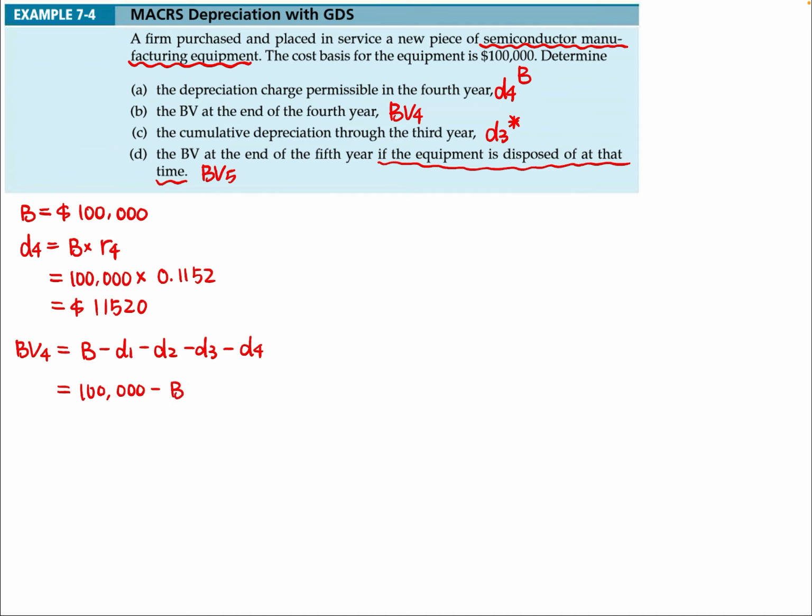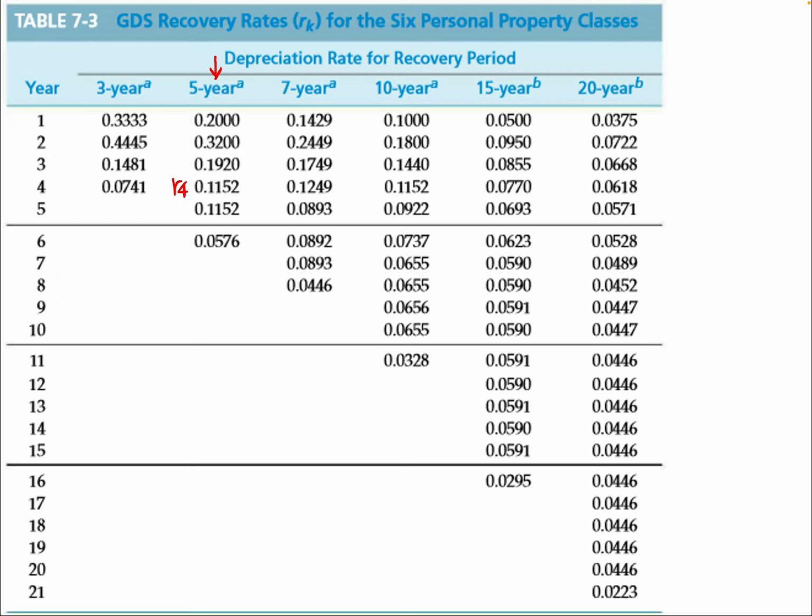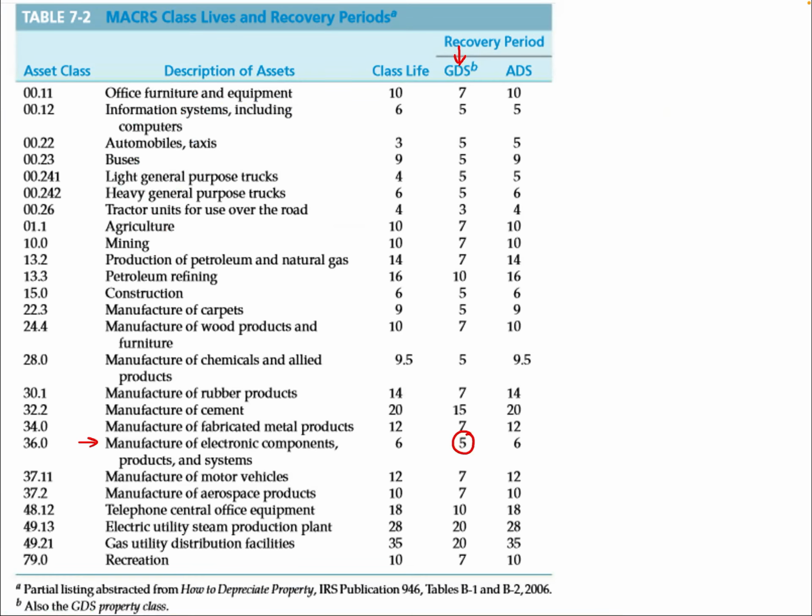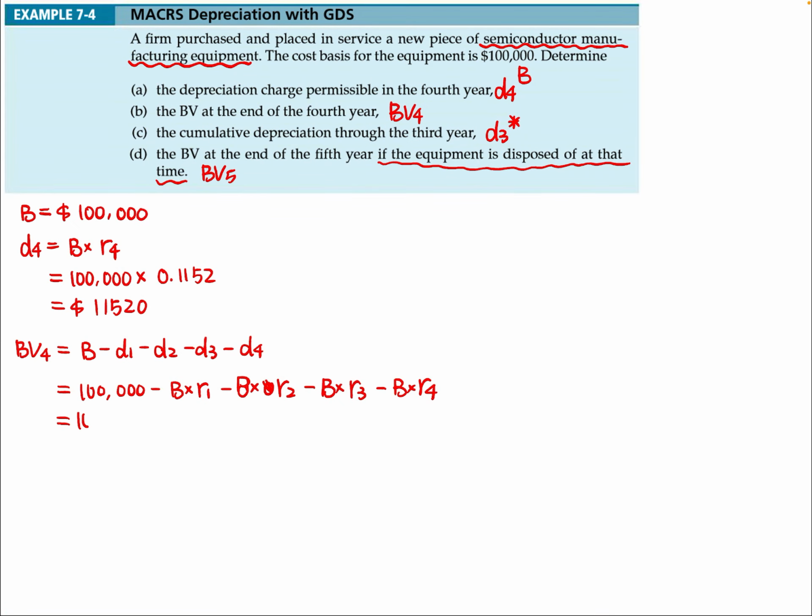What is D1? D1 is B times R1. D2 is B times R2. D3 is B times R3. D4 is B times R4. Now let's go back to check this table: R1, R2, R3, and R4. Those are all the rates you want to use.